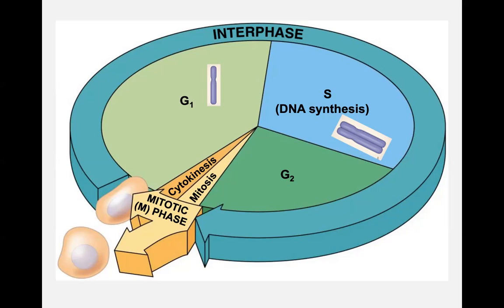So that means still going into G2, there's two copies of DNA. And this is where that DNA gets checked. Is there anything wrong with it? No, then it can continue on. Yes, then it can be repaired, or the cell might die. So we have one copy of DNA, and then the next two phases have two copies.